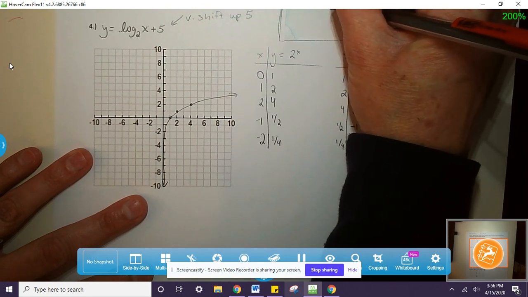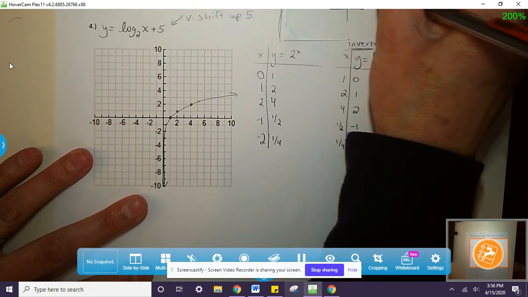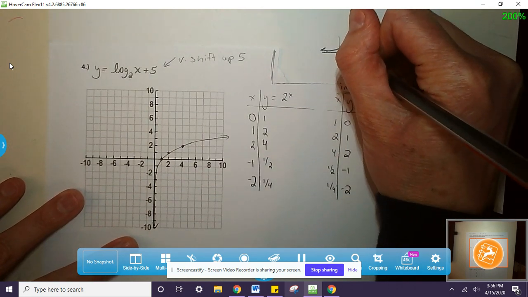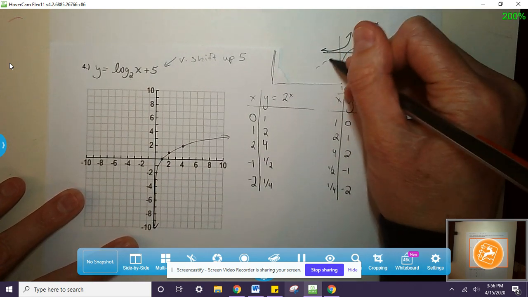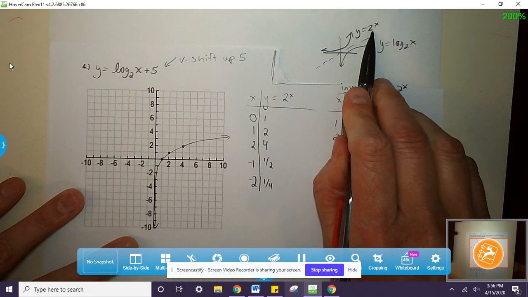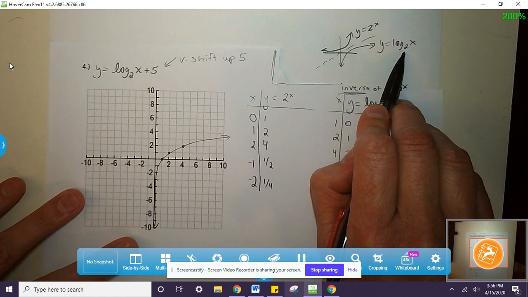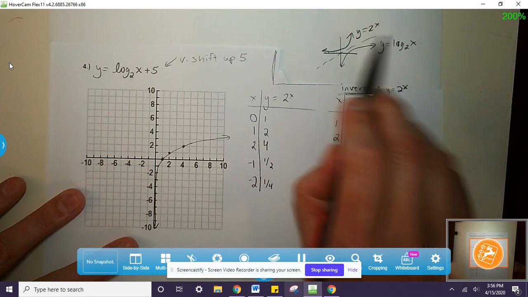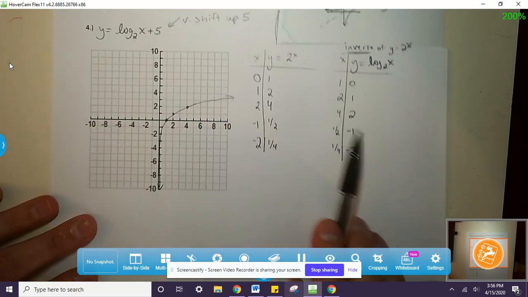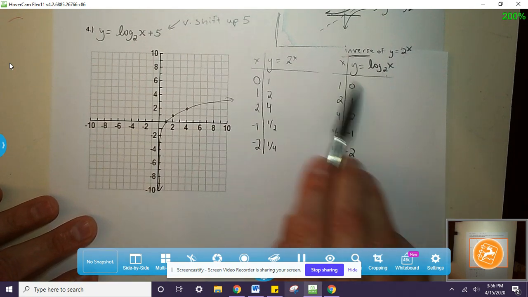Just a quick reminder, because if you were to graph y equals 2 to the x, remember it looks like this, and then the inverse would be the reflection over the line y equals x. So the exponential function with the base of 2 is the inverse of the log function with the base of 2. But we don't have to graph the exponential function right now. We want to graph that log function.